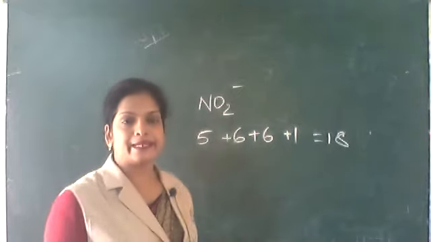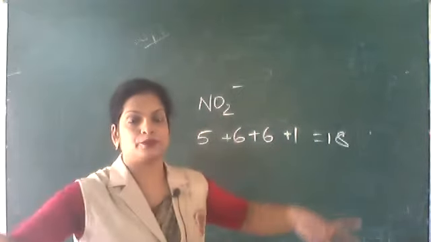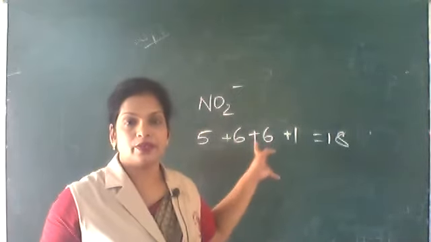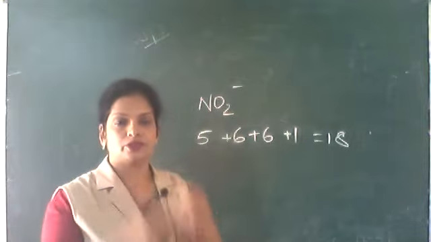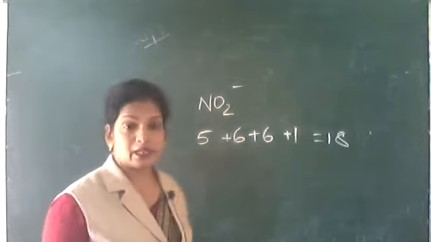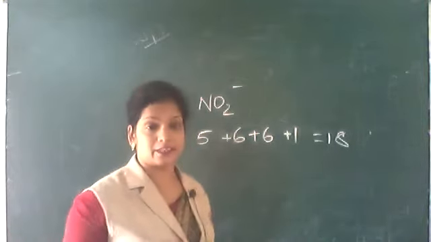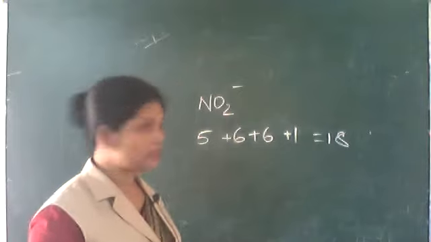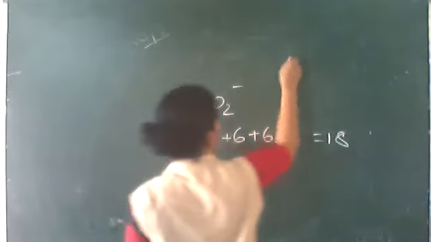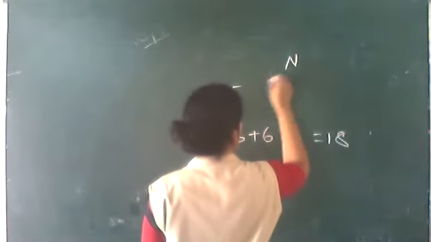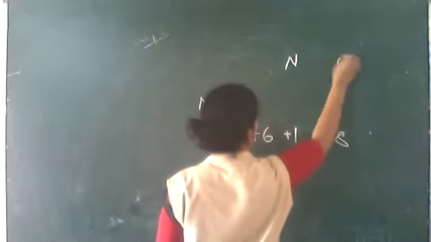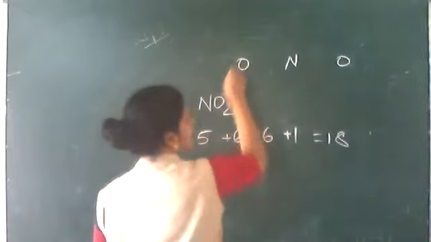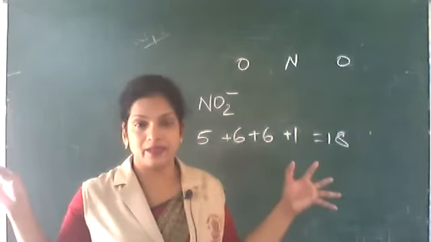These 18 electrons we have to distribute to all these 3 atoms, that is nitrogen, oxygen, oxygen. The least electronegative element, that is nitrogen, we have to keep at the center, and one oxygen on each side. These oxygens are to be kept far apart. They will repel each other.